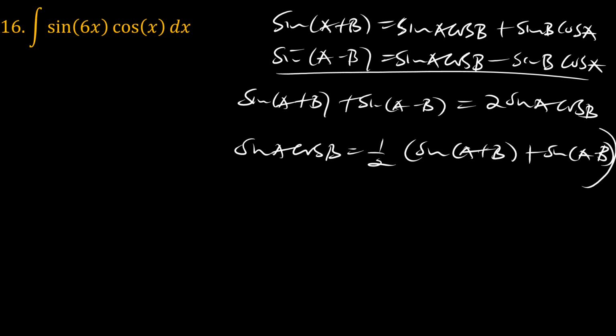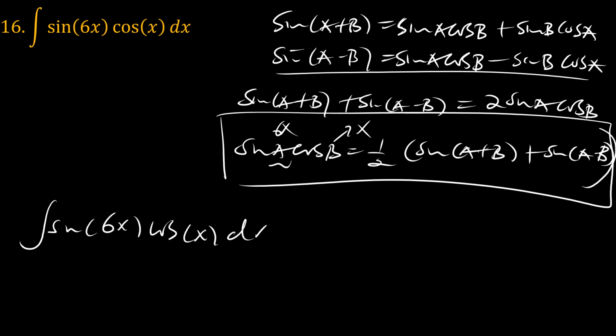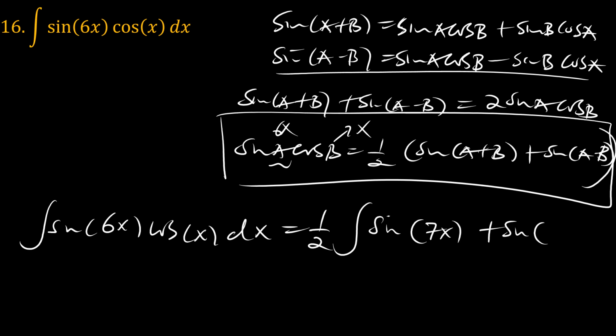Right? So with that in mind, if a is 6x and b is x, we can get that our problem, sine of 6x cosine of x, is equal to a half of sine of a plus b, which is 7x, plus sine of a minus b, which is 5x.